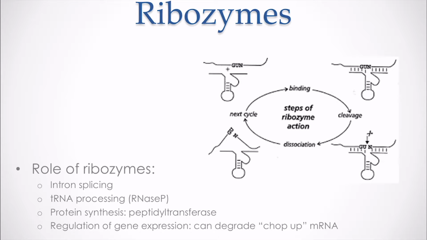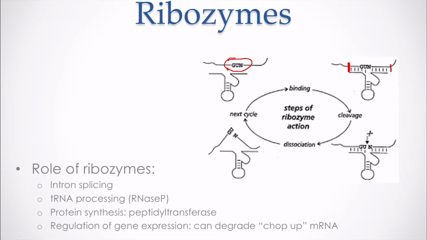Now let's just talk a little bit about our ribozymes. So our introns are going to be spliced by RNA catalysts, also known as ribozymes. And this is just a funny picture I found that kind of displays this. So you have some sort of target, and then your ribozyme will bind to that target. And as we saw with DNA, it's the same thing with RNA. It's not just very precise binding.